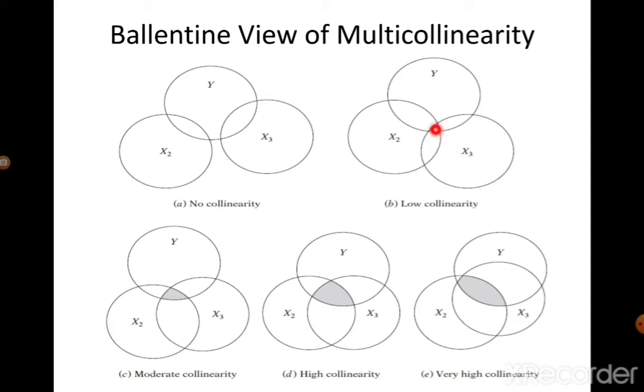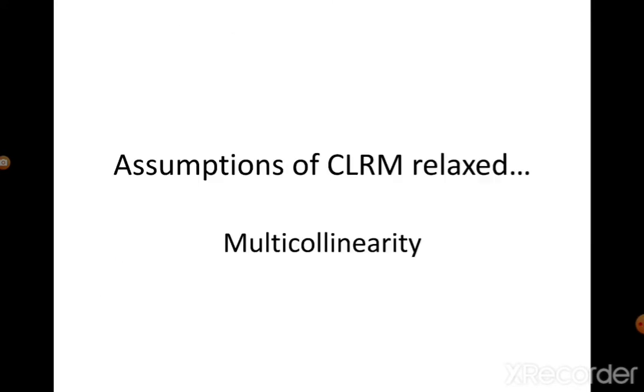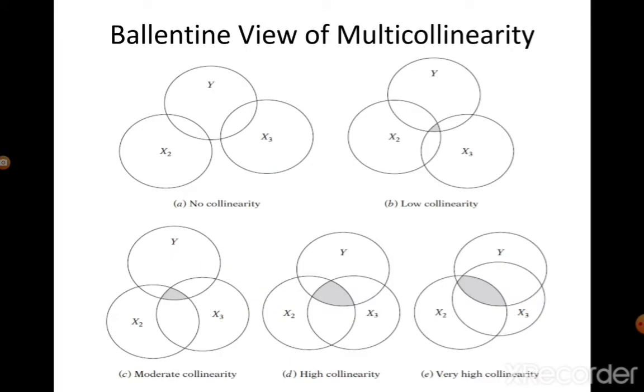Here, the circles x2 and x3 are also intersecting, which means over here we have a portion where the variations in y are being explained solely by variations in x2. This portion over here shows how much of the variations in y is being explained solely by variations in x3.